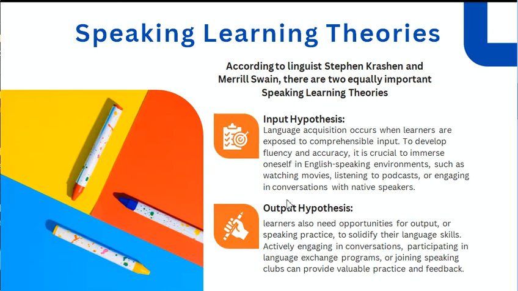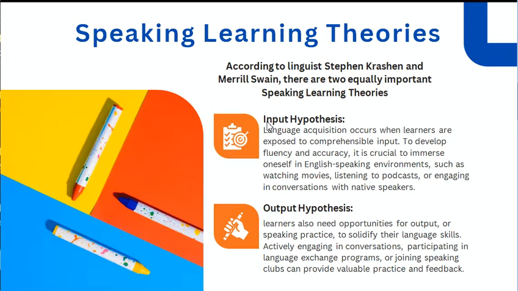In general, in educational psychology, we have different theories of learning. But when we come to speaking, specifically these oral communicative skills, we have two hypotheses which are very popular. According to linguists Stephen Krashen and Merrill Swain, there are two equally important speaking learning theories.